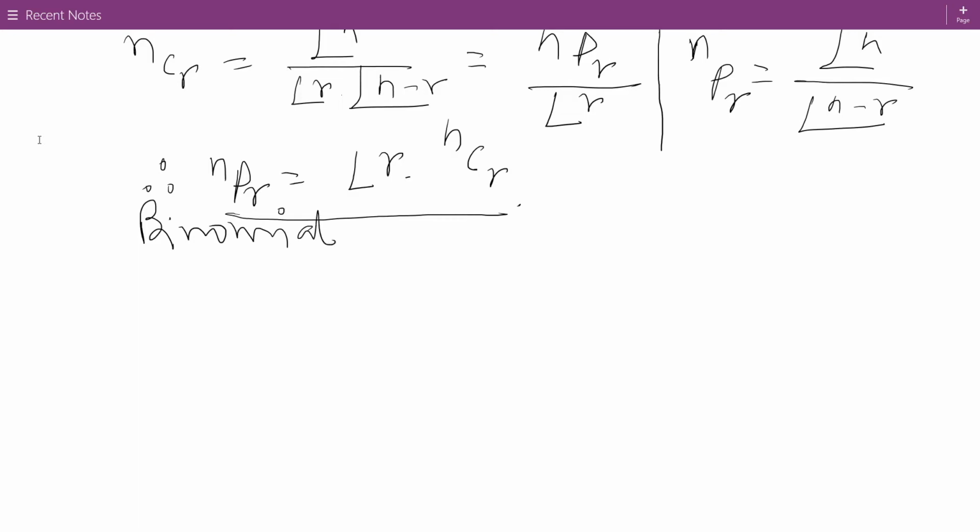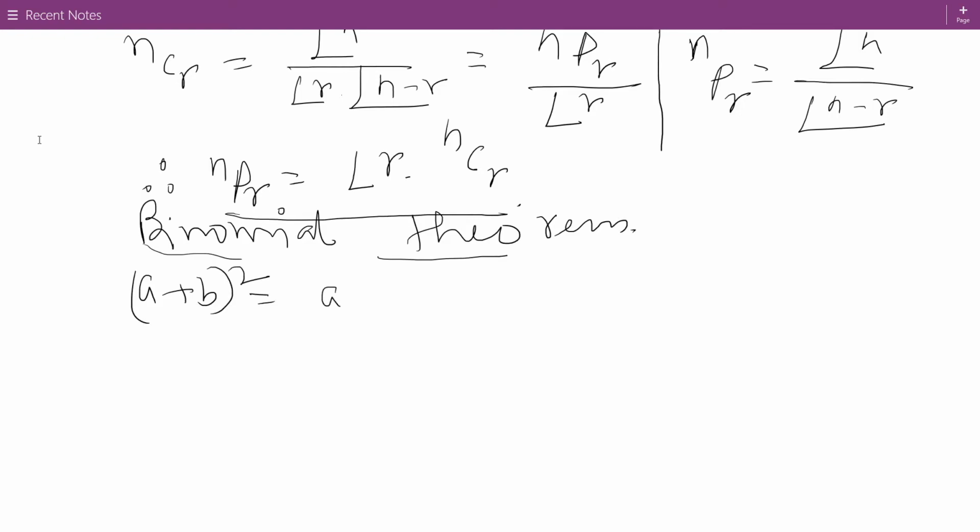Binomial theorem. Already all of you know the term, say, A plus B whole square is A square plus 2AB plus B square.